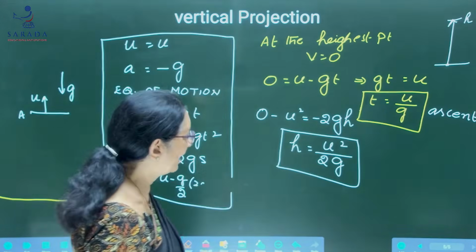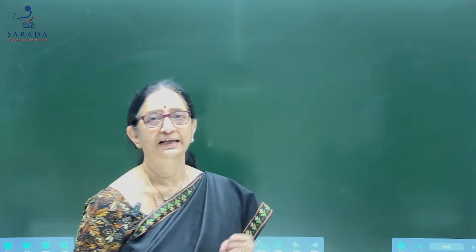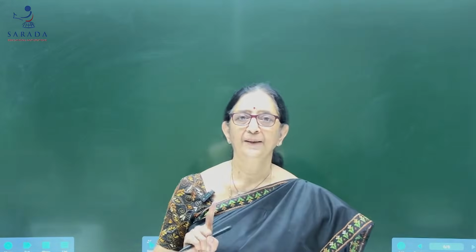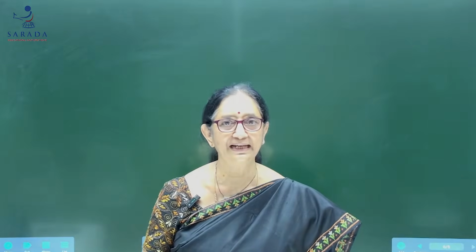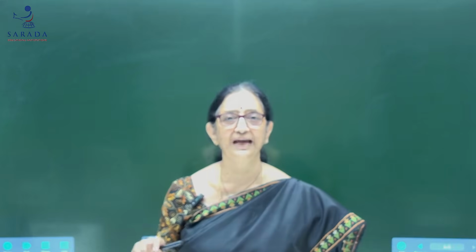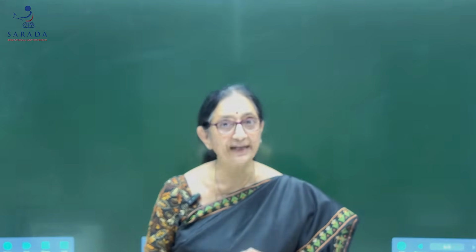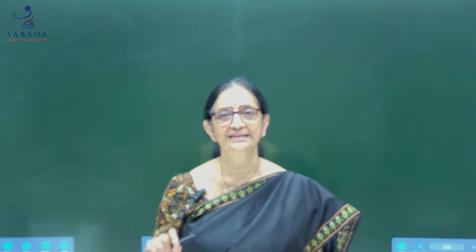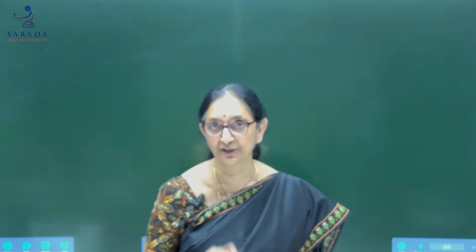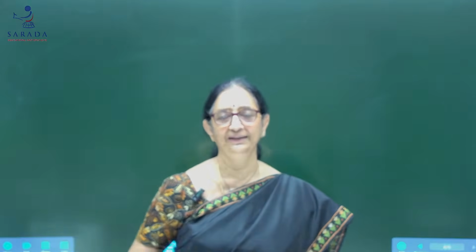Okay. Now, look here. We are going to prove that in case of a body projected vertically up, time of ascent is equal to time of descent. First, its speed on reaching the ground is the same as that of projection, because in all these cases we are ignoring air resistance.